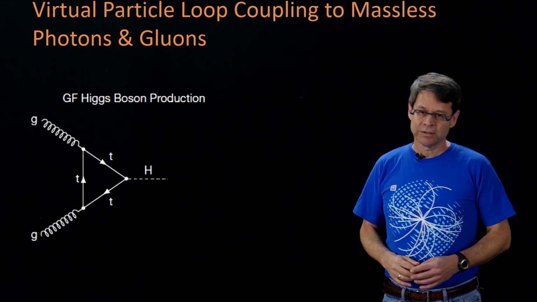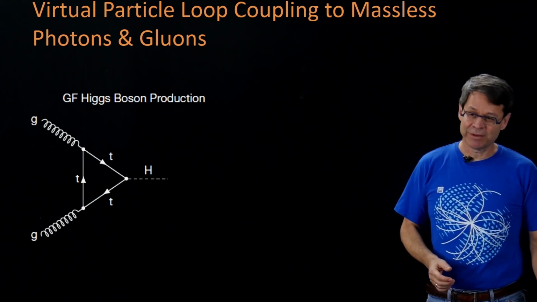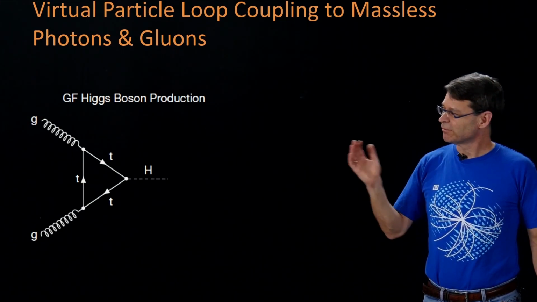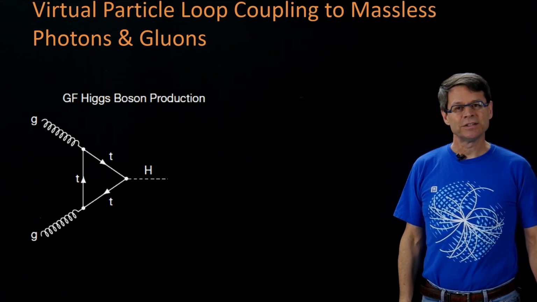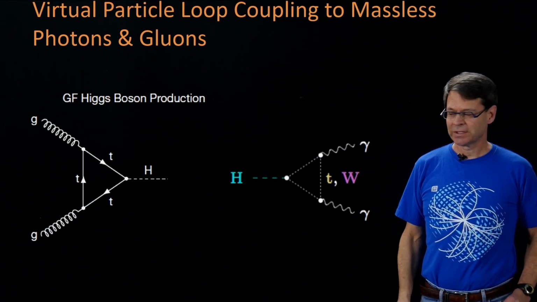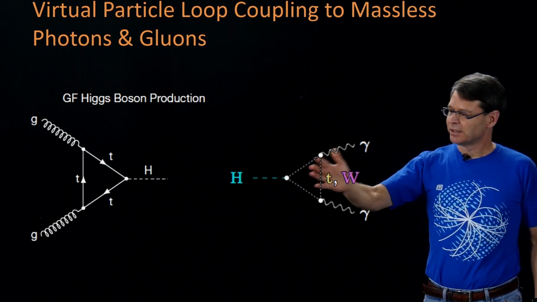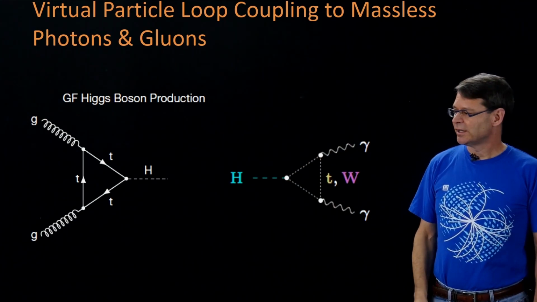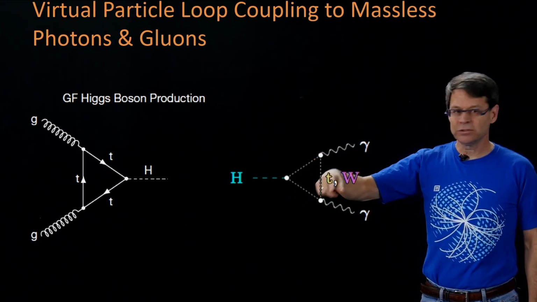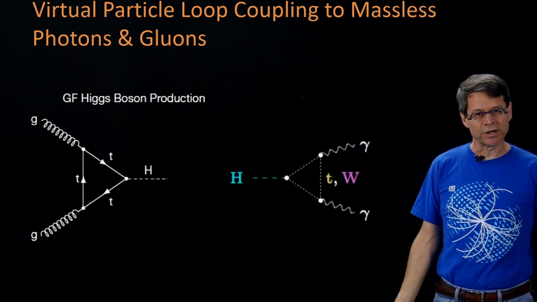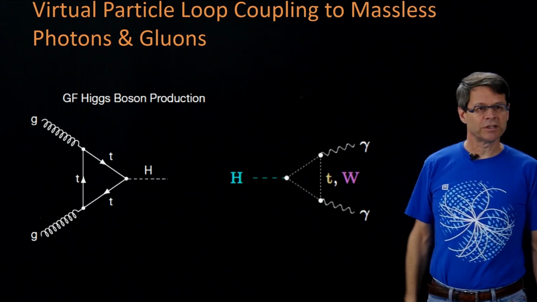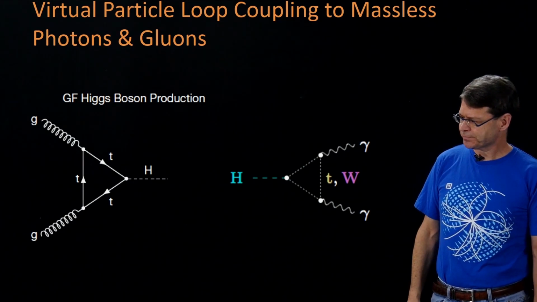All right. Likewise, how do I get to gamma-gamma? How do I get to 2 photons? Well, I turn that diagram around and replace the gluon with the photon. So here's a Higgs decay into 2 photons. Again, I put a triangular loop here. I can put the top quark, but I can also put a W in there as well.